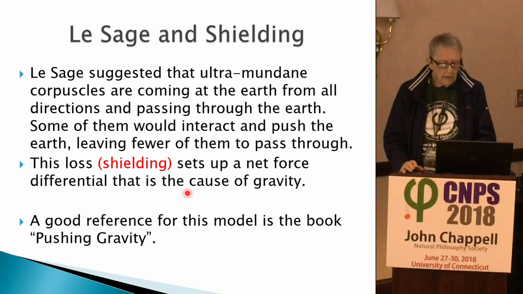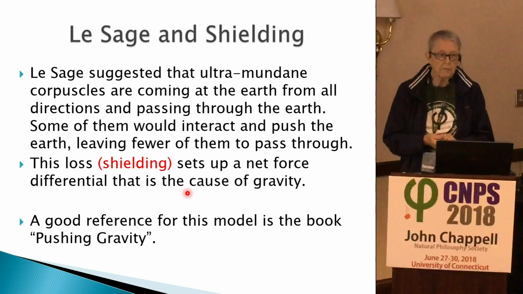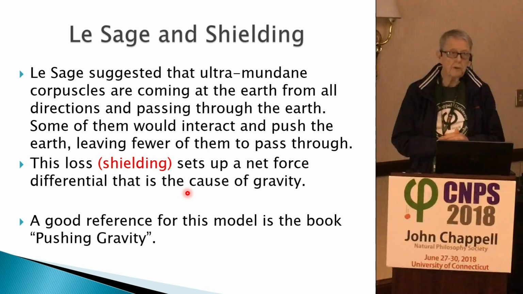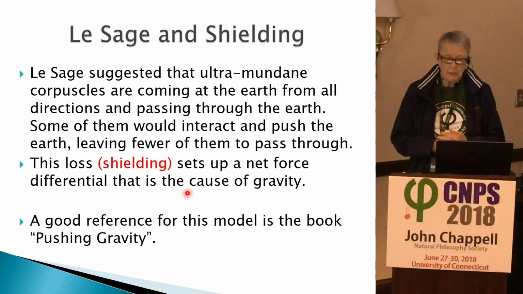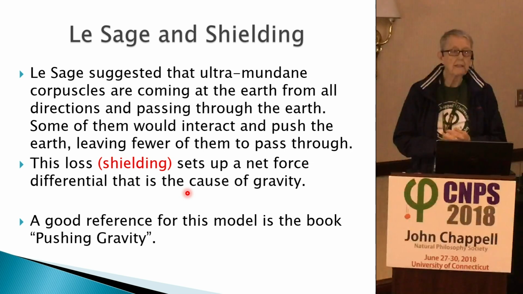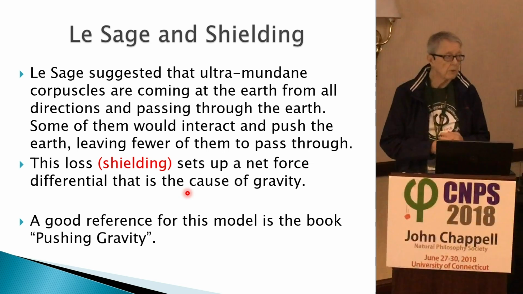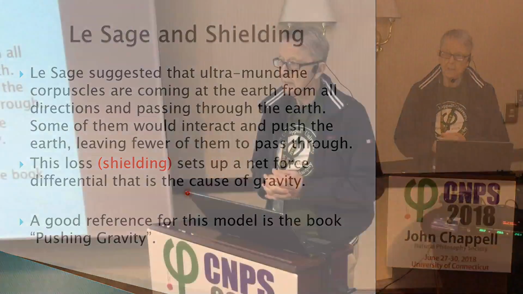Now I'm going to talk about shielding, which is actually more to the point. I almost should have titled this shielding, because I'm going to use shielding to explain the curve. Georges-Louis Le Sage, about 250 years ago, had a theory. He proposed it. It survived for a while, got quite a bit of attention, then died. If you go to the internet today and look up Le Sage and his theory in Wikipedia, you'll see it's totally discredited.